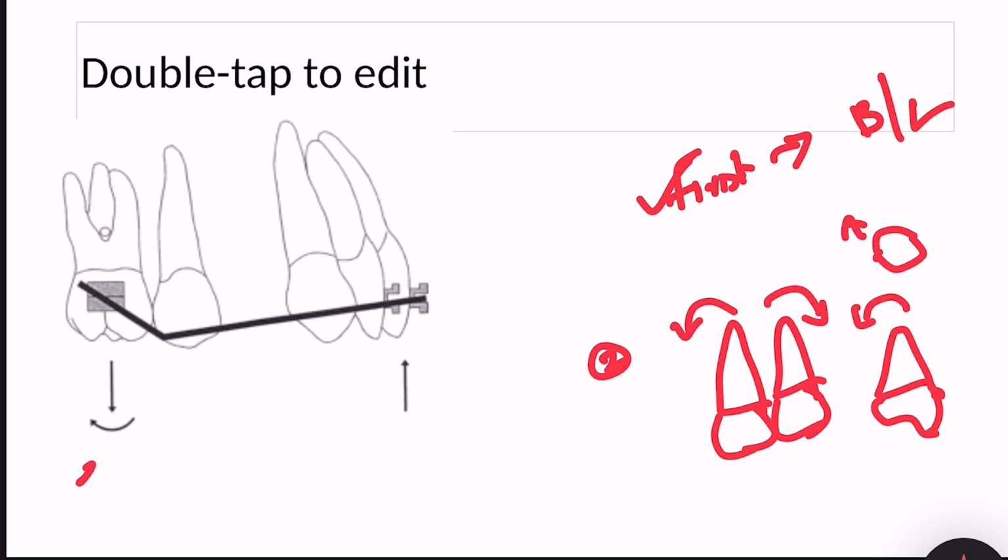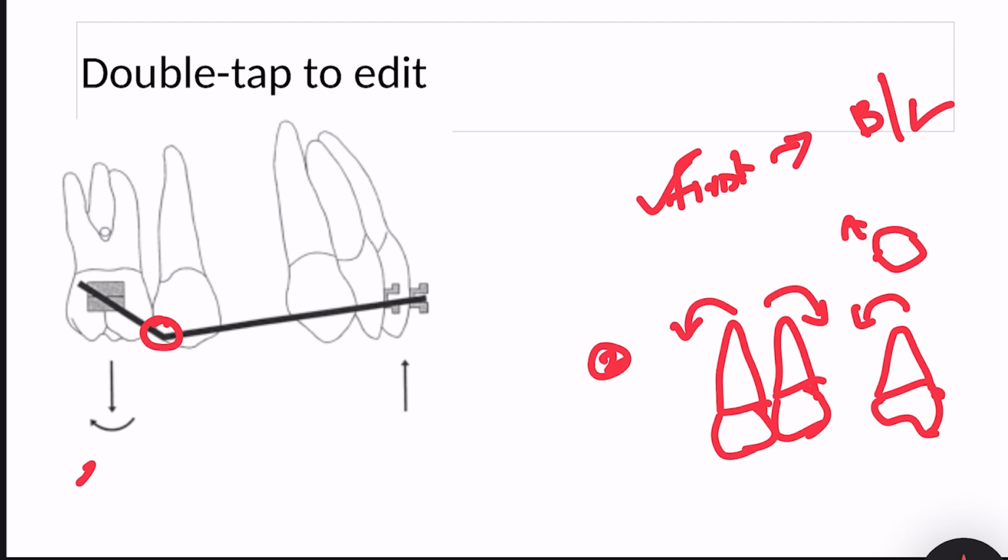Now, in this given image, we have tip back bends. What are tip back bends? Tip back bends are also known as anchor bends, predominantly used in Begg mechanotherapy, right? So, what does a tip back bend do to the teeth? Then we can understand what is actually happening to the teeth and inclinations, and we can match the answer. So, this portion is called tip back, a straight line which is bent upward and inserted in the molar tube.